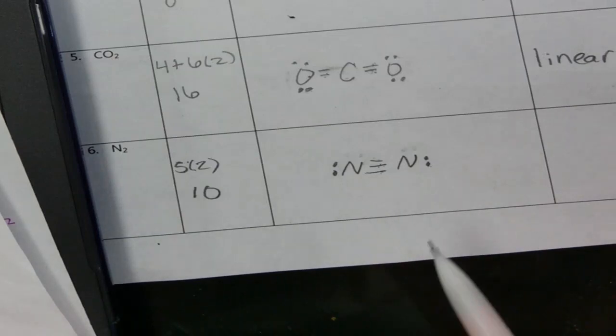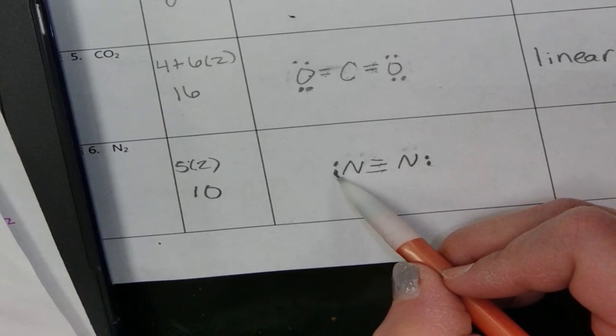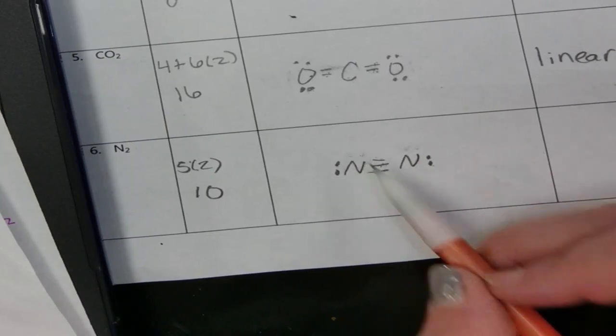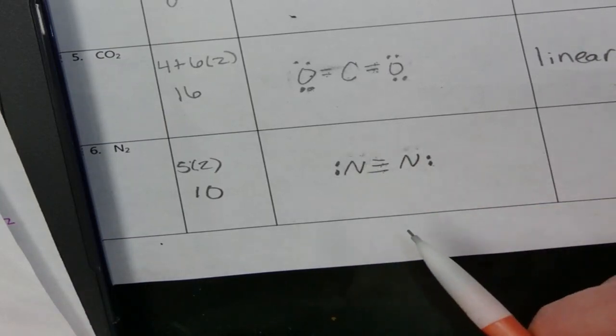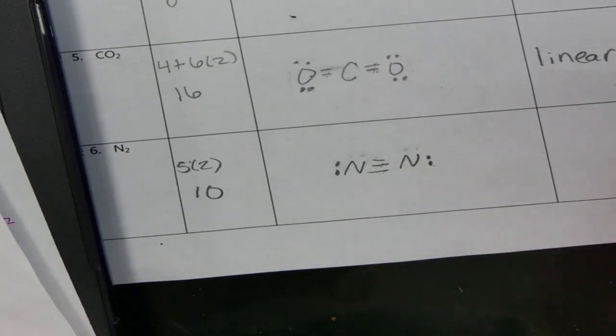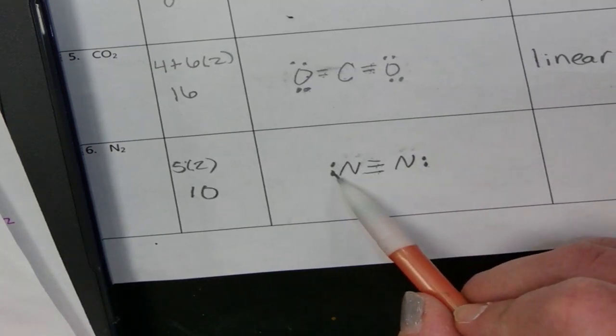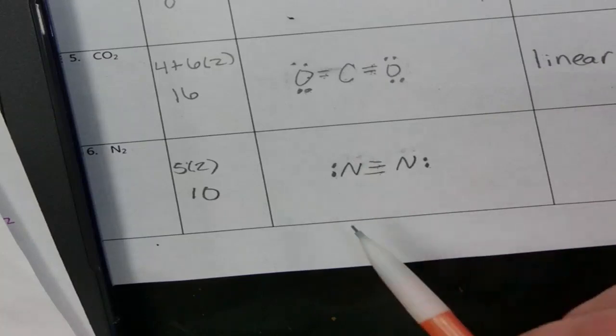Now, the reality is when you draw these, you may have chosen to erase this side lone pair and left the lone pair up at the top. For the purposes of our class, I would be okay with that. It does technically matter, but we're not going to get into the nitty-gritty details as to why the lone pair is on the nitrogen on the side here and not on the top.